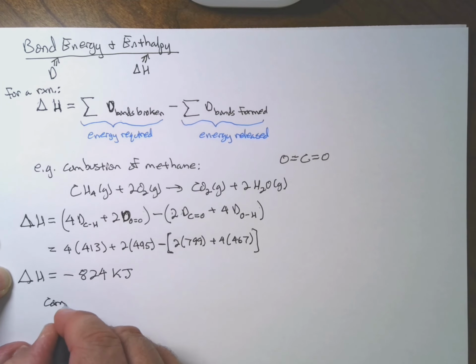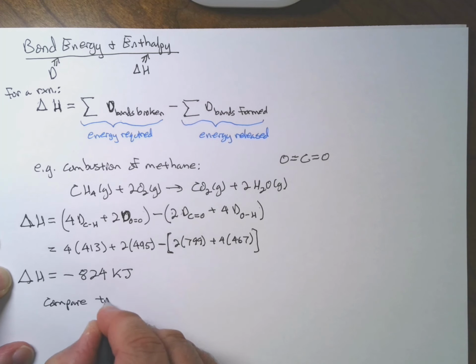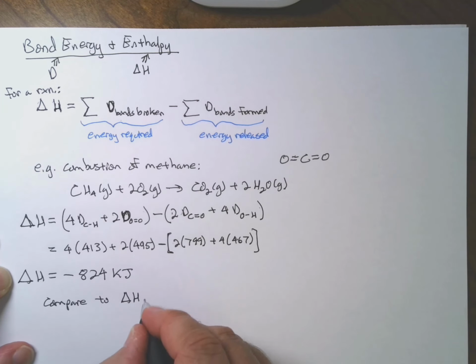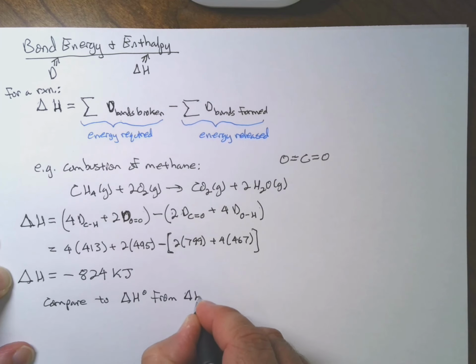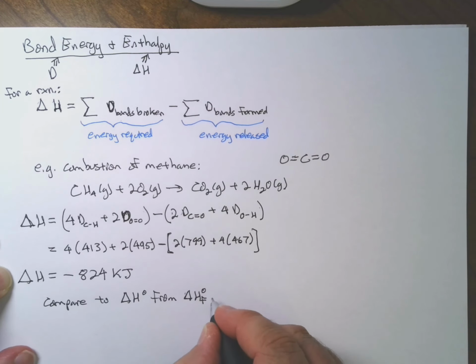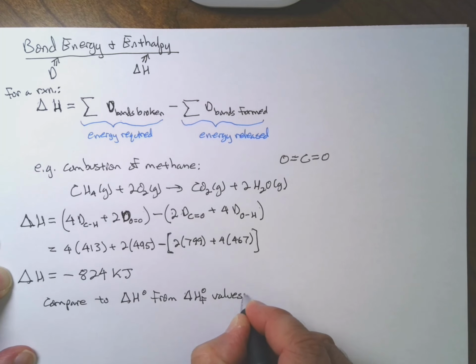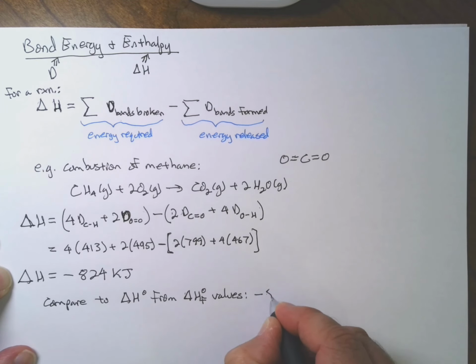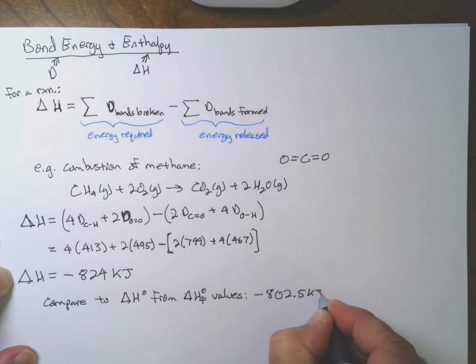Now we can compare this to delta H naught from delta H f naught values, and that result is minus 802.5 kilojoules.